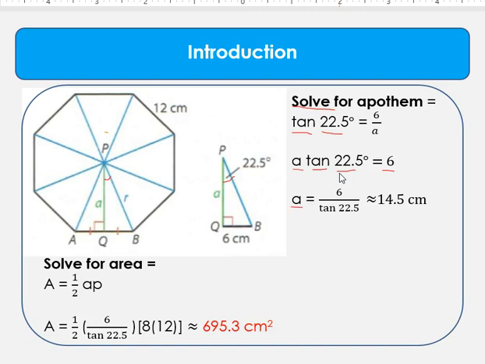So what we'll do is divide both sides by tan 22.5, and that leaves us 6 divided by tan 22.5, which is approximately 14.5 centimeters.